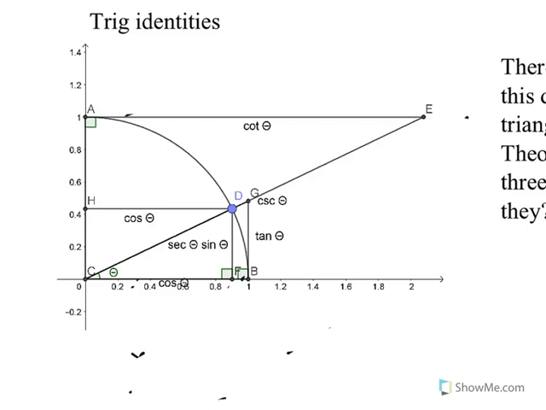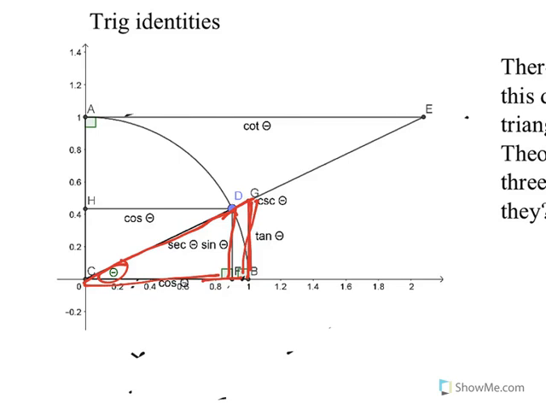Now, here's theta. So this is sine theta. This is cosine theta. This is tangent theta. And this from here to here is a secant line that goes through the... So the hypotenuse of this red triangle, or of this larger triangle here, is known as the secant of theta.